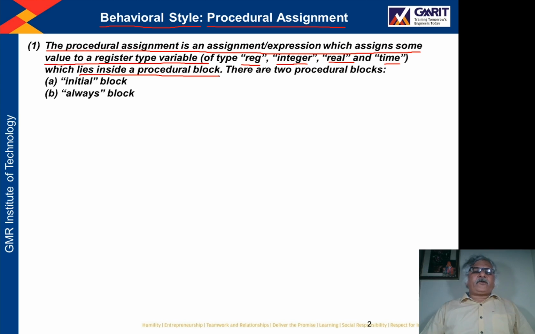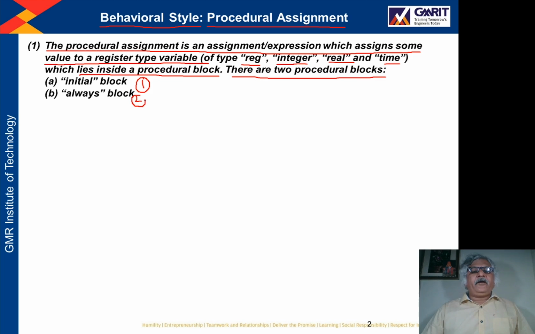Always this procedural assignment statement you can find inside a procedural block. There are two types of procedural blocks. One is initial block and second is always block.